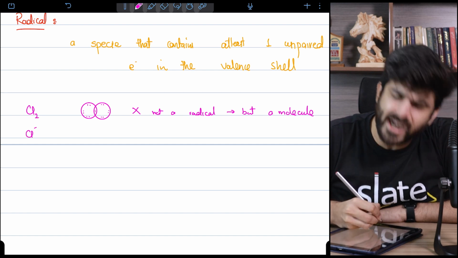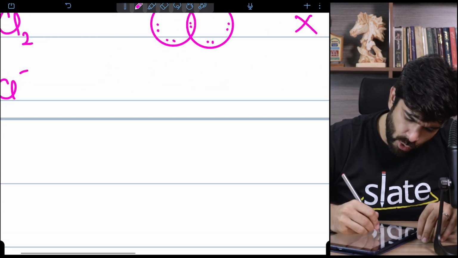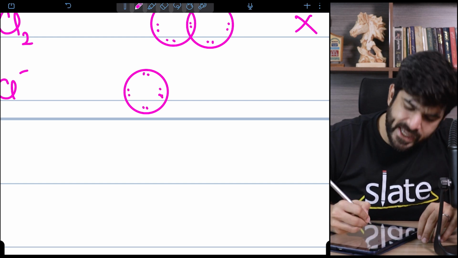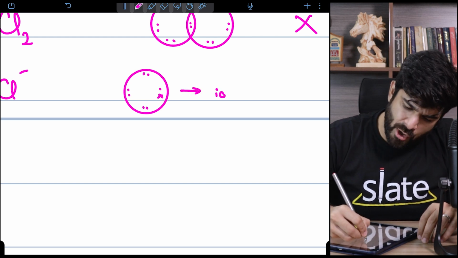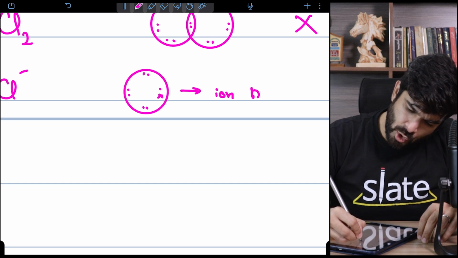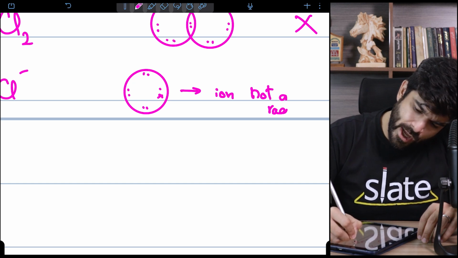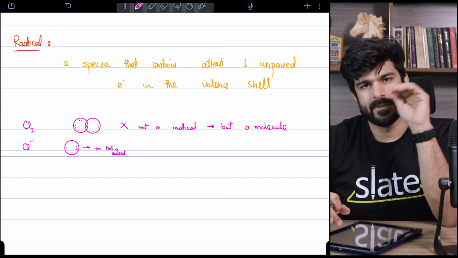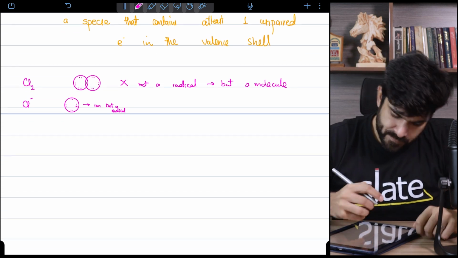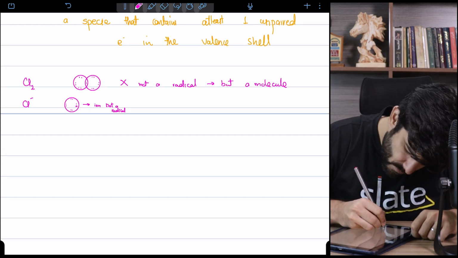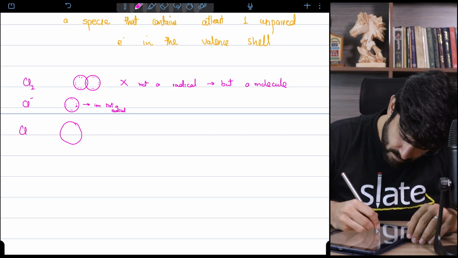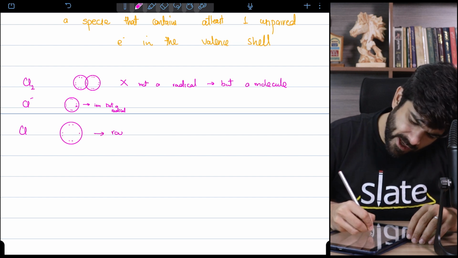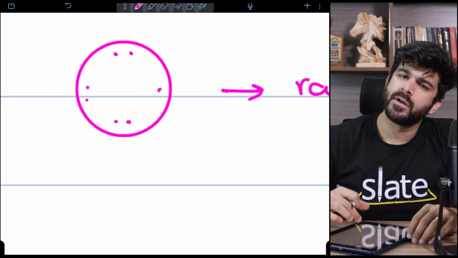If we talk about just chloride ion, Cl-, how do we get that? It had one, but it gained one electron. So this is an ion, not a radical. Though ions can be radicals, any species can be a radical. All you need to do is see whether it has an unpaired electron or not. For instance, just a Cl atom. This is a radical because it has an unpaired electron in the valence shell.